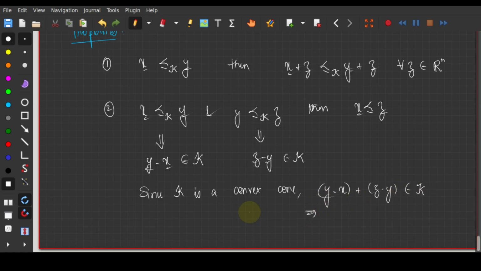So in particular, this implies that if B minus A is a positive semi-definite matrix and C minus B is a positive semi-definite matrix, then C minus A is also positive semi-definite.